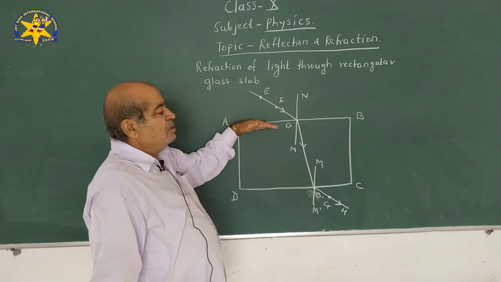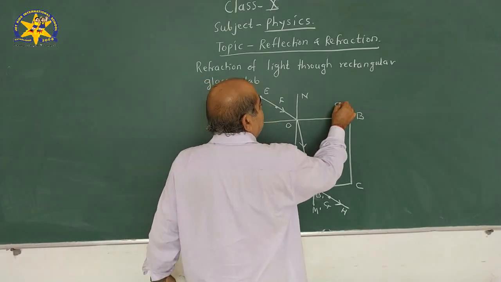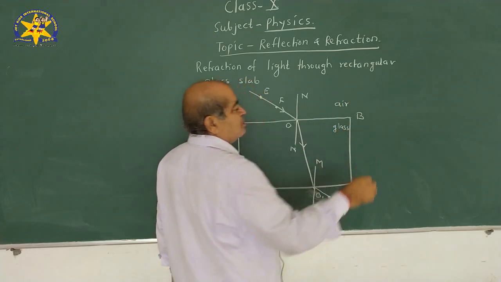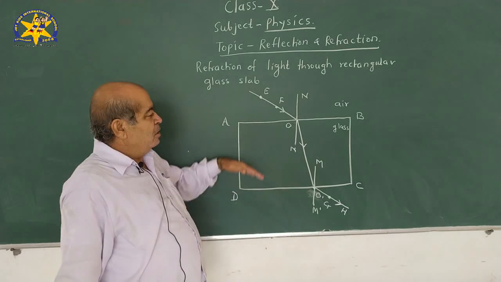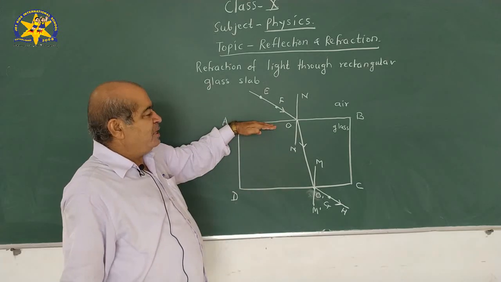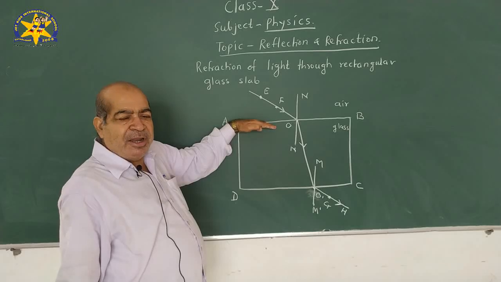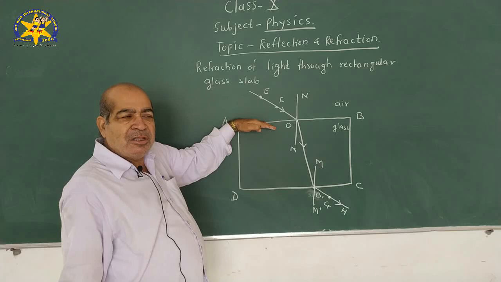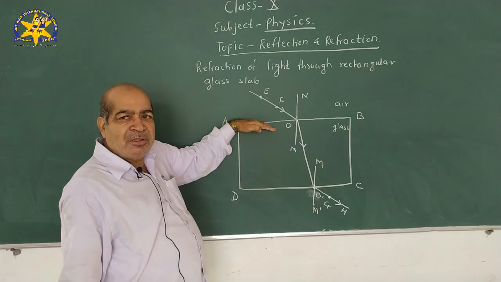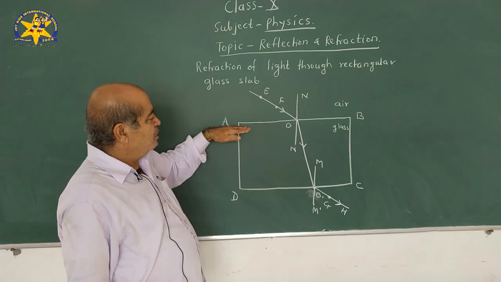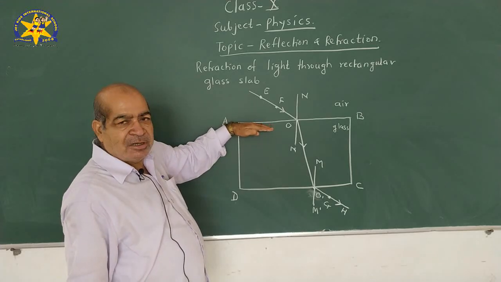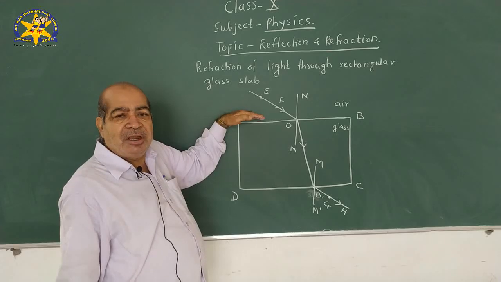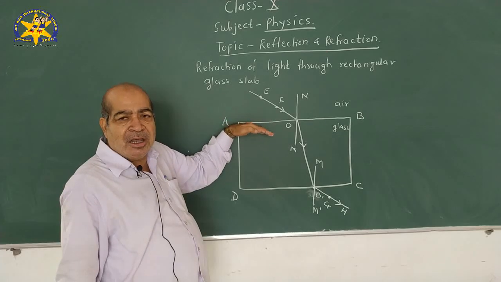This medium is air and this medium is glass. The surface separating the two transparent media is called the interface of the two media. That is, AB is the surface separating the two transparent media, air and glass.